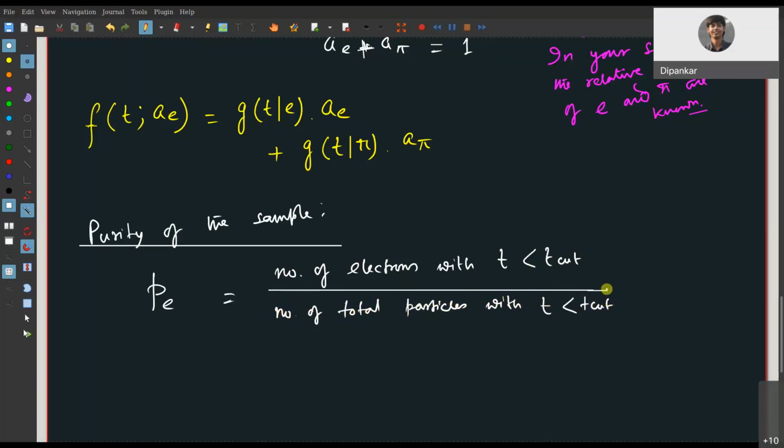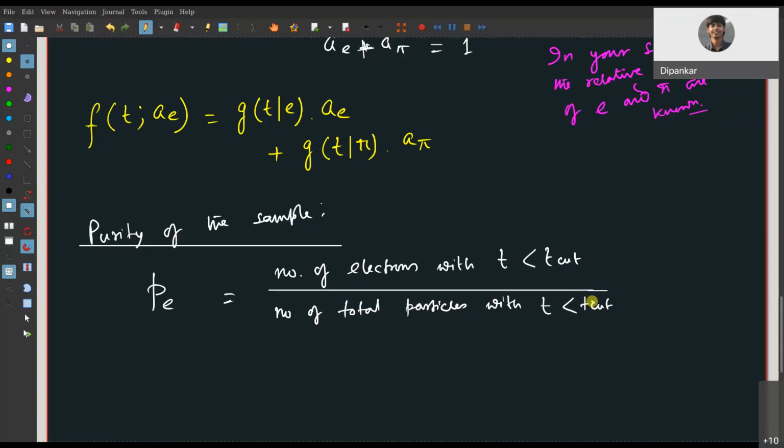Remember, your detector only accepts particles when t is less than t cut, right? So it will accept electrons as well as pions.